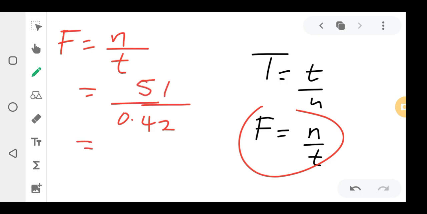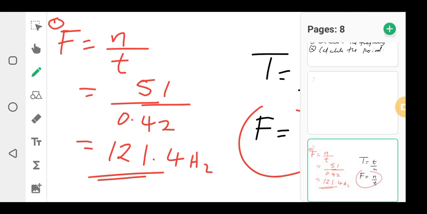That will be 121.4 hertz. Okay, so 121.4 hertz, that is the answer for question 1.